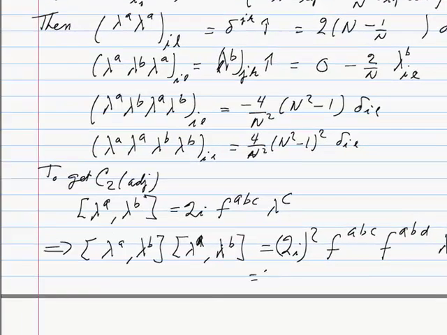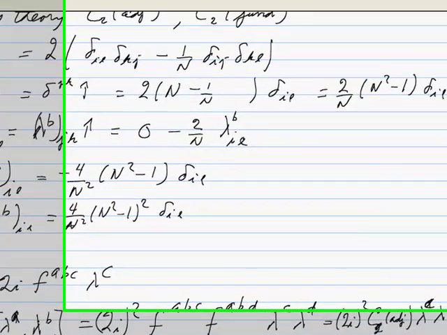which is then minus 4 C2 adjoint times, I have, that's 2 over n squared minus 1.